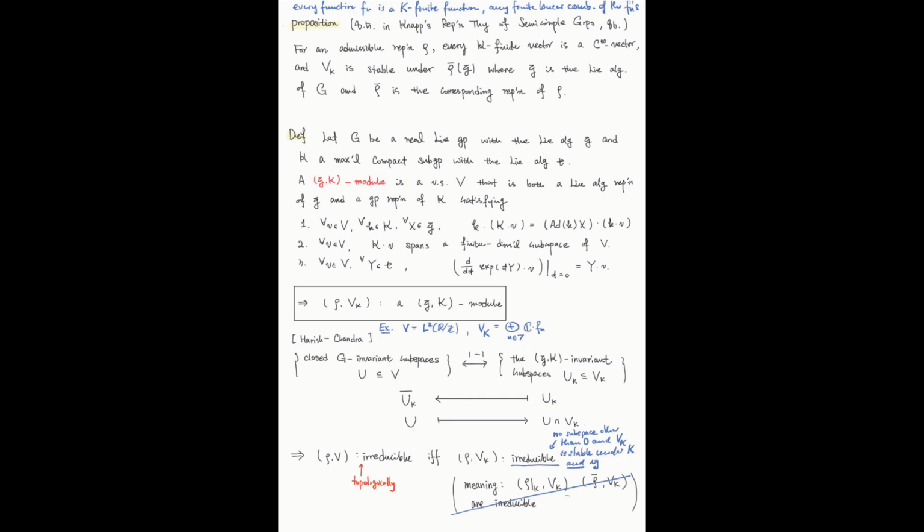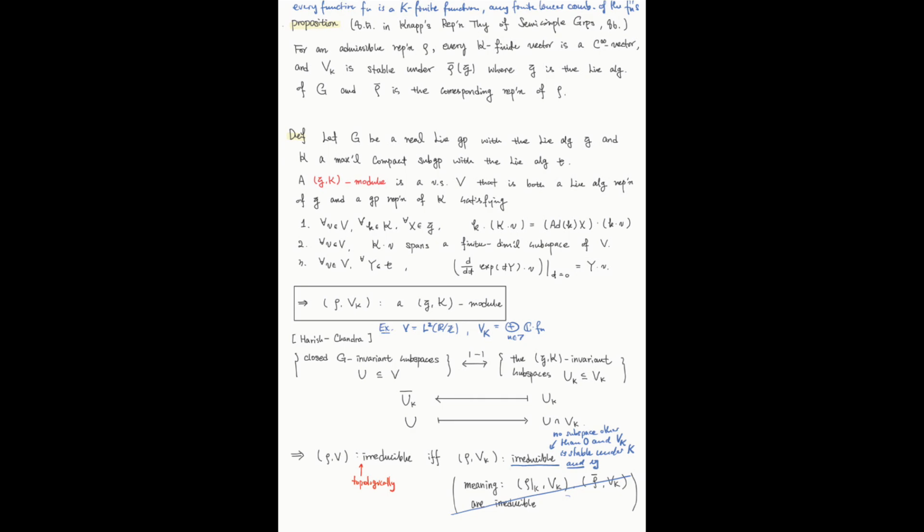And this is, by the way, also a standard technique in the representation theory of real reductive groups: to pass to this subspace of K-finite vectors, because it has a nicer algebraic structure.